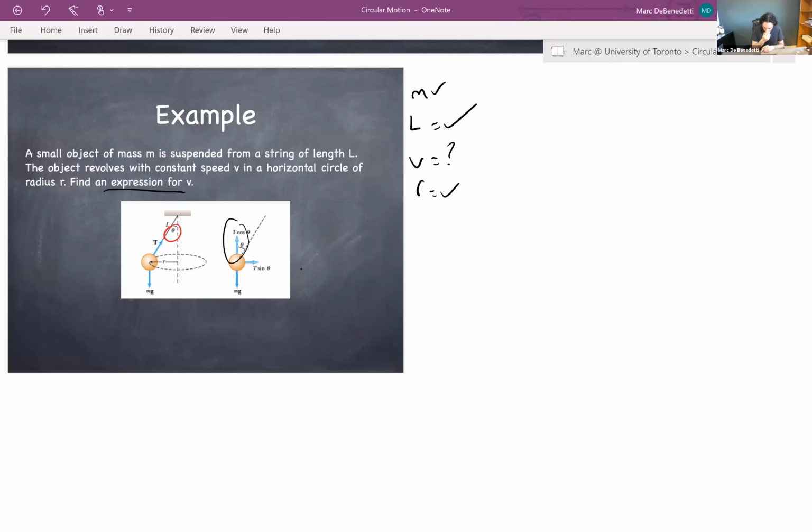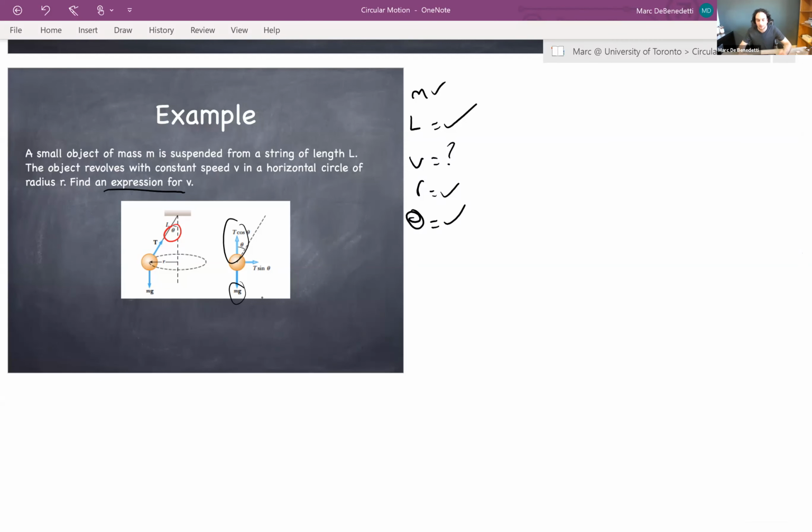I guess we also have theta. The angle the ball takes relative to either the horizontal or the vertical is going to be governed by when the vertical component of tension perfectly cancels out gravity. Now, that may have been confusing for you.